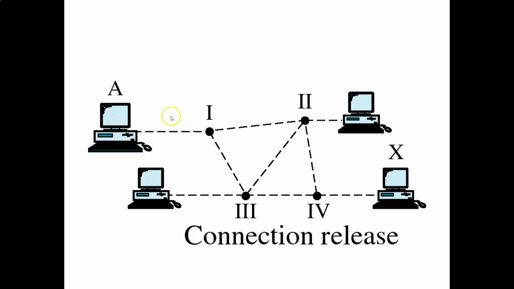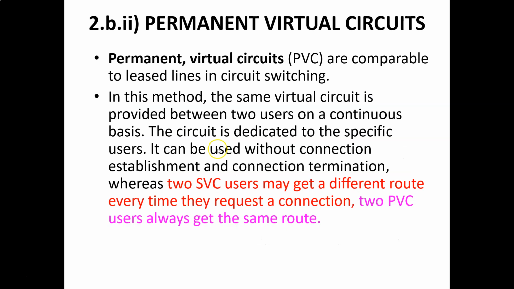Each time it needs to send from A to X, it will virtually choose the path. It is not fixed. One time it can choose nodes 1, 3 and 4, or another time it can choose nodes 1, 2 and 4. So each time it will choose the path and then send the data.